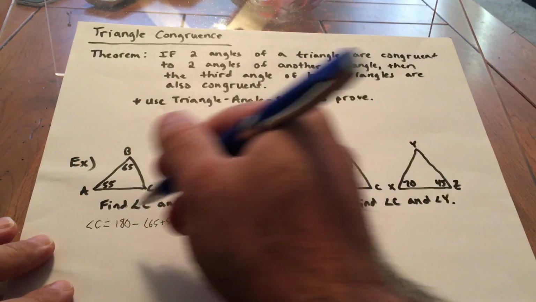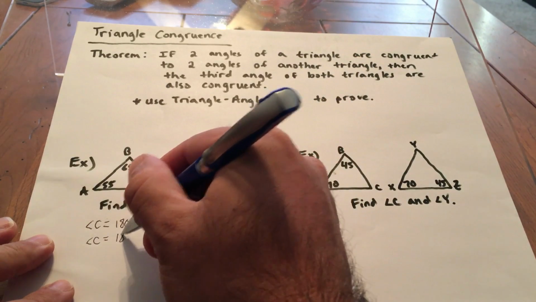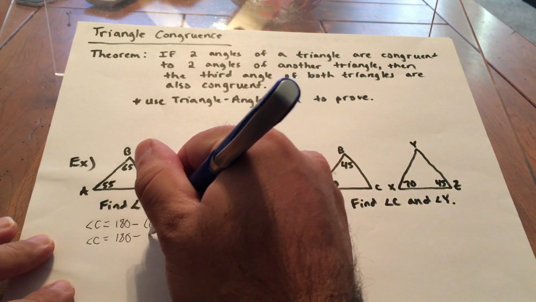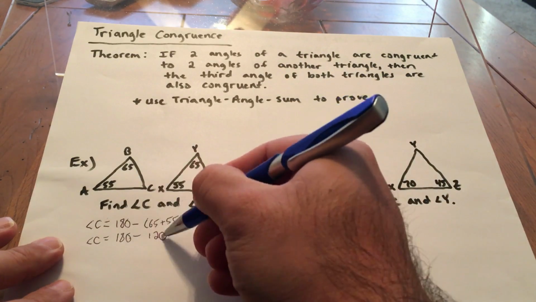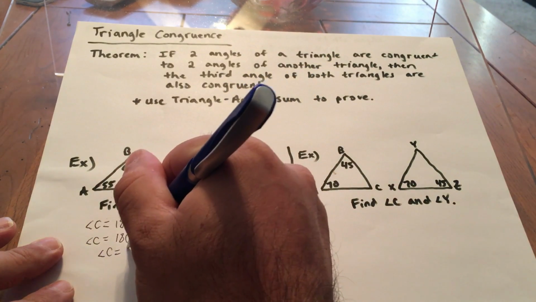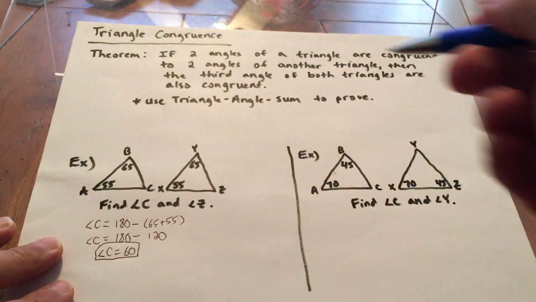So angle C is going to be equal to 180 minus the sum of these two, 60 plus 60 is 120. So angle C is 180 minus 120, which is 60. That you find using the triangle angle sum.